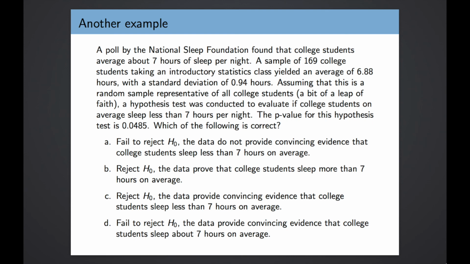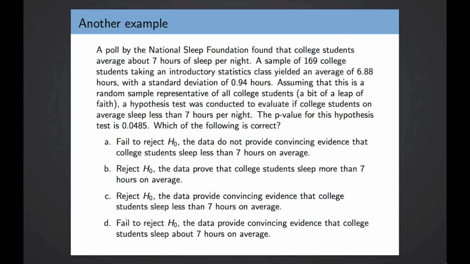A poll by the National Sleep Foundation finds that college students average about 7 hours of sleep per night. A sample of 169 college students in an introductory statistics class shows that they get an average of 6.88 hours of sleep per night, and that sample standard deviation is 0.94 hours.